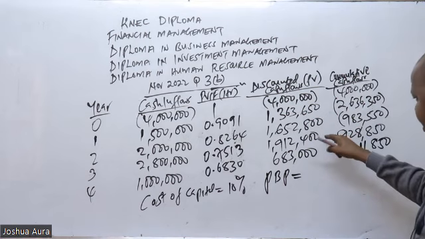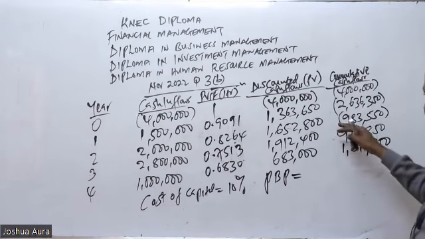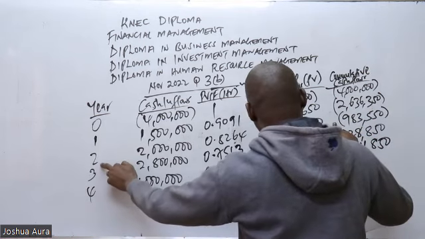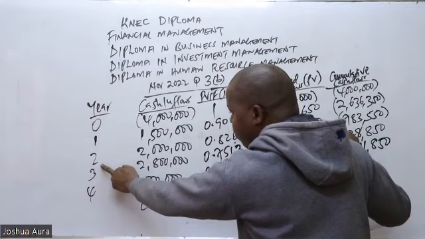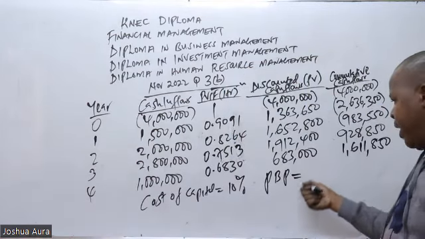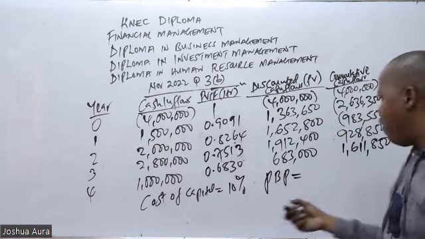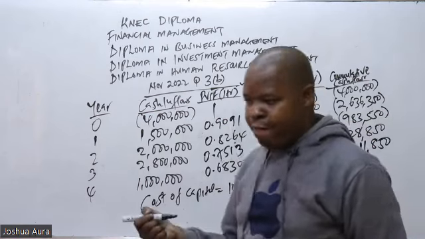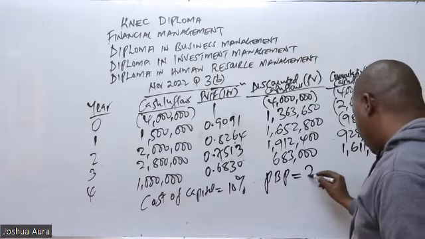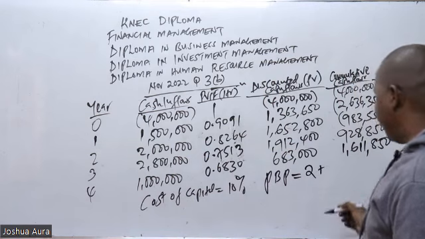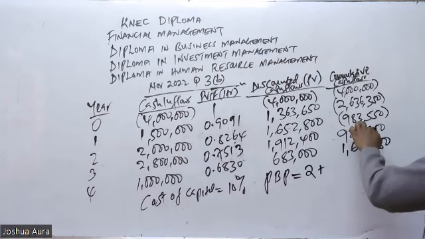So how to get the payback period? You will read the year for the last negative figure, which is 2 years. Then we are supposed to add the last figure.